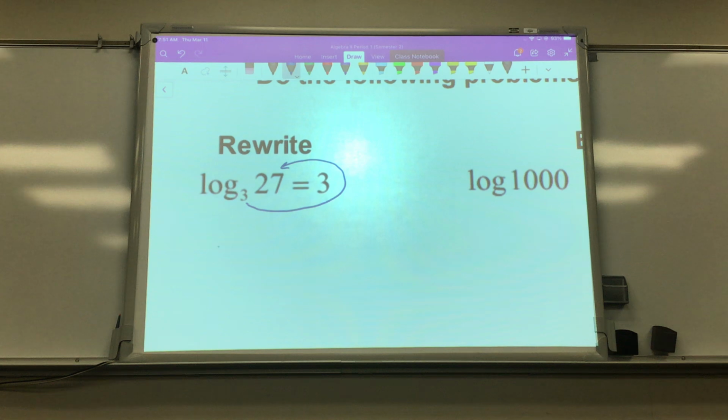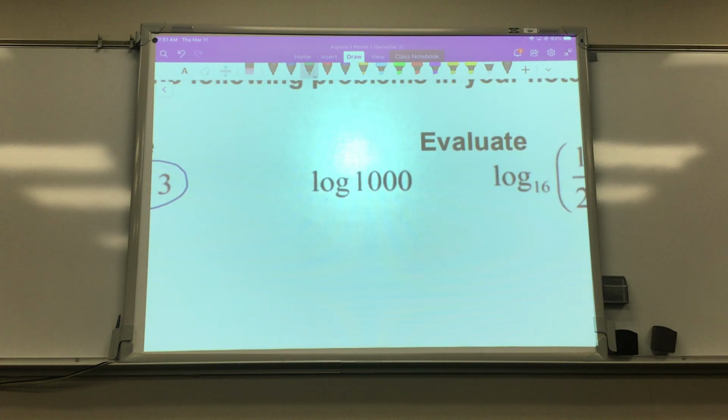Yep. Remember, just follow your loop, right? Start with the base, go to the other side of the equal sign, that's your exponent. The argument is what it's equal to. Now, evaluating is, now remember, these logs, if you plug it into a calculator, it's just a number, right?